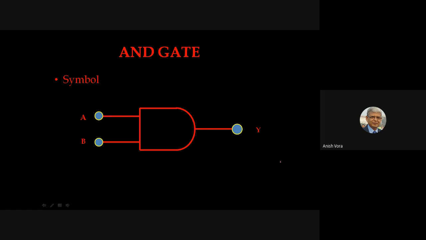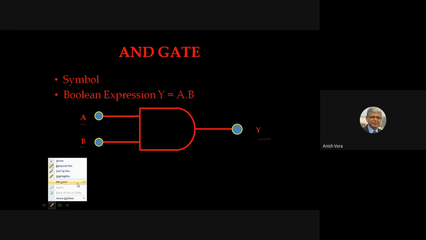The output we normally indicate with Y. So this is the symbol for the AND gate. Now, if we write the Boolean expression, we can write Y is equal to A dot B, right? Here we can see that we have a dot. So A dot B is known as the Boolean expression.